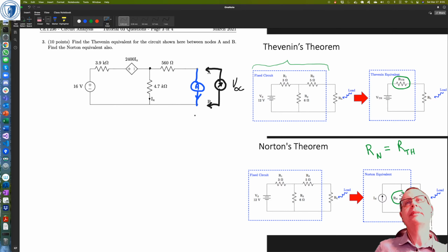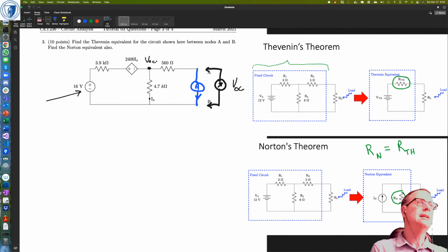I recommend at least trying the open circuit voltage short circuit current technique to start with. The only caveat or the only problem with that technique is you need to have at least one independent supply, and you've got one independent supply here. And then because there's no current flowing through this resistor, that means this node here is also VOC.